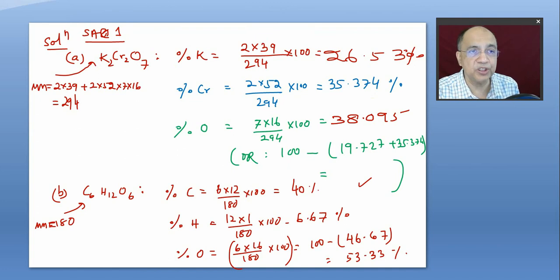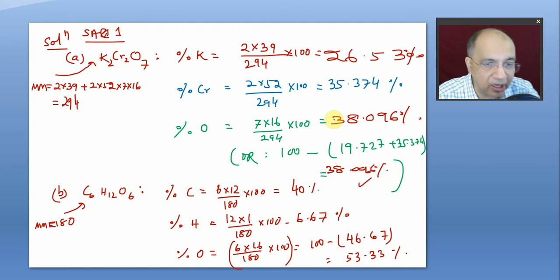Therefore, you have to adjust here so that when you add up, it will be 100. 6 plus 4, 10, 1 plus 9 plus 1, 10, 17 plus 3 is 20, then 5, 5, 10, 1, and it becomes 100. So this is 38.096. So the mass percent is obtained for each element.